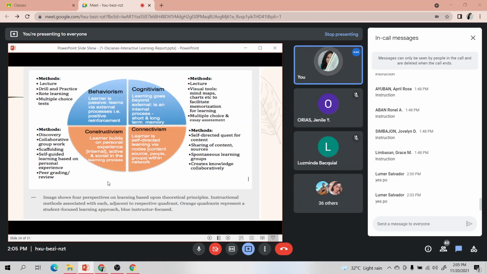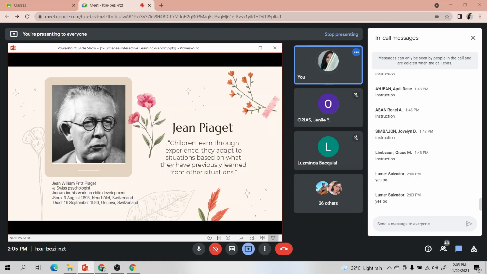So here, among the 4, the best philosophy is the philosophy of Jean Piaget. So are you familiar with Jean Piaget? At first, when I was in college, I thought he was a girl, no, because of the spelling of the name.